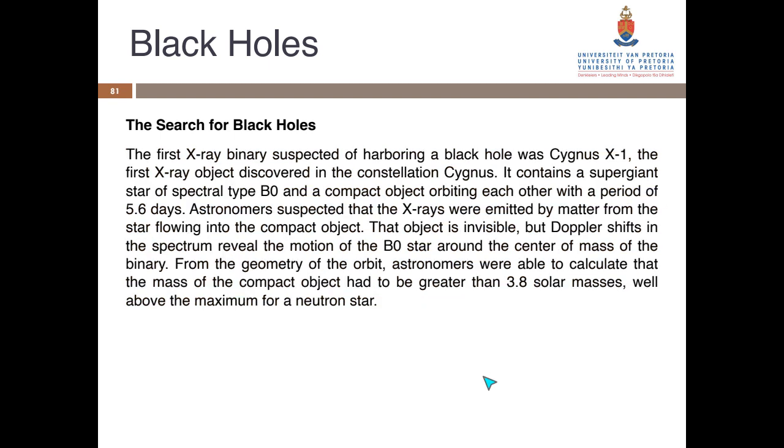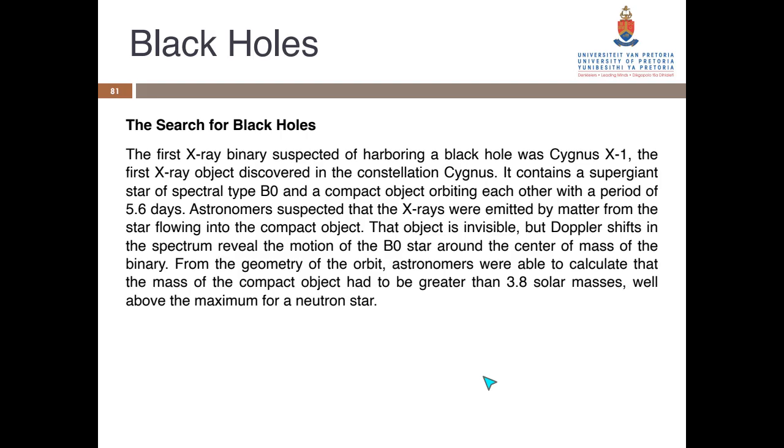The first X-ray binary suspected of harboring a black hole was Cygnus X-1, the first X-ray object discovered in the constellation Cygnus. It contained a supergiant star of spectral type B0, and a compact object orbiting each other with a period of 5.6 days. Astronomers suspected that the X-rays were emitted by matter from the star flowing into the compact object.